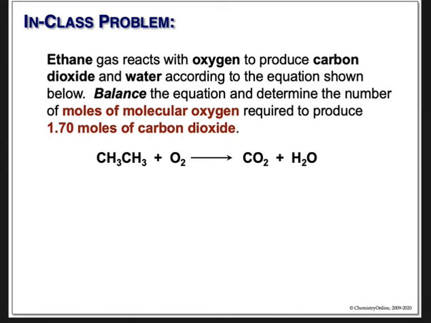Now, just to prove I can, let's see. We have 2 carbons, we have 1 carbon. Let's put a 2 in here. All right. We have 6 hydrogens. We only have 2, so we need a 3 here.